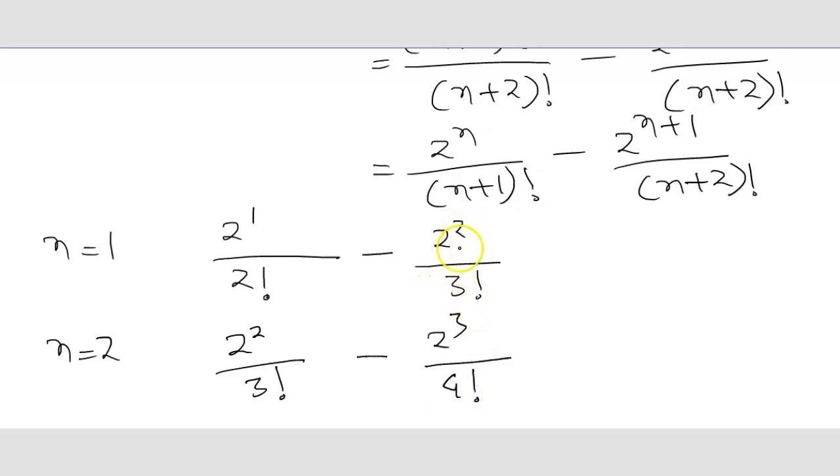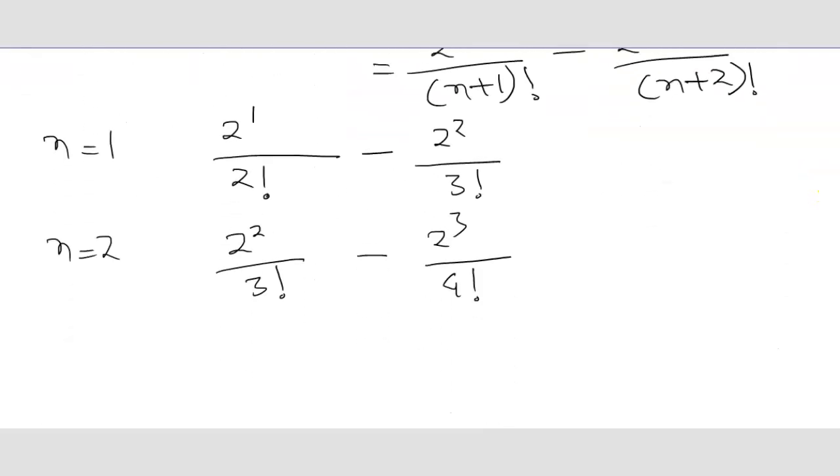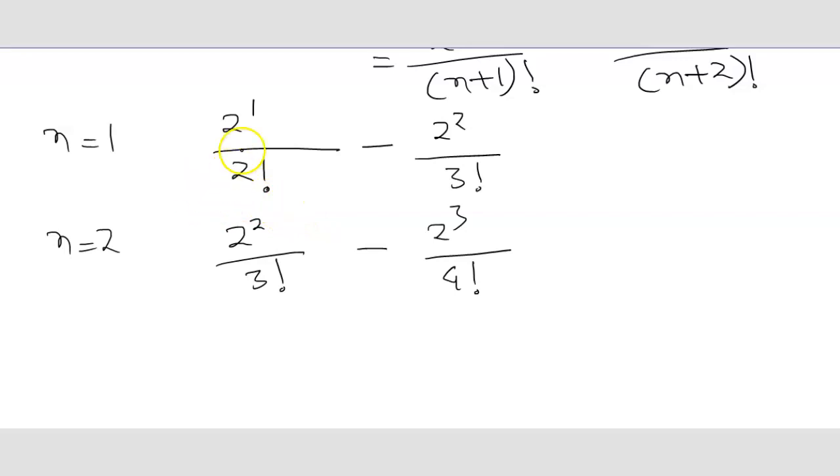So you can see this thing and these things cancel out. Now if we look at our main series, it is given like this: 2 divided by 3 factorial, 2 cube divided by 4 factorial, 3 into 2 cube by 5 factorial. Look at our case, it is 2 by 2 factorial minus 2 square by 3 factorial.